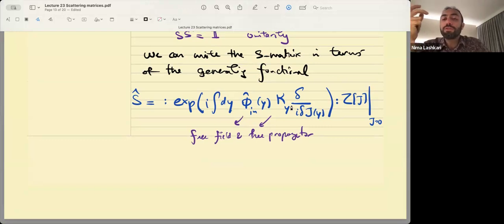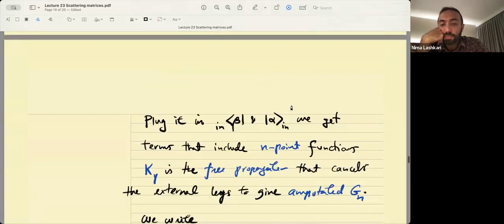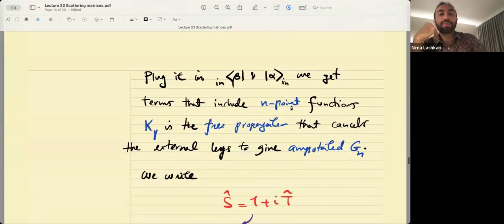When you calculate the 2-point function, if you pick a bunch of momenta, when the momenta are not on shell, you have 1 over p squared minus m squared plus i epsilon. When they go on shell, you pick up a pole. That's when p squared minus m squared is 0.